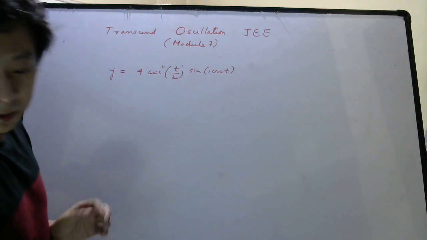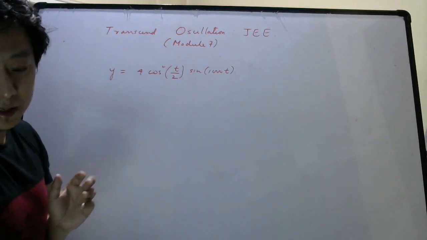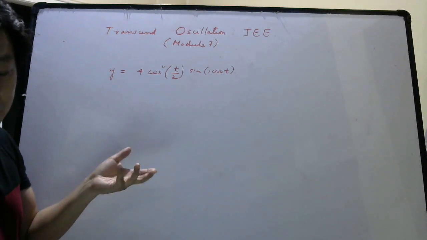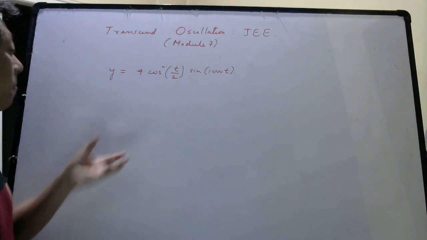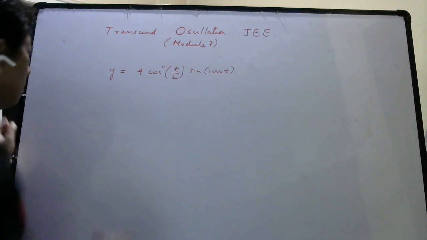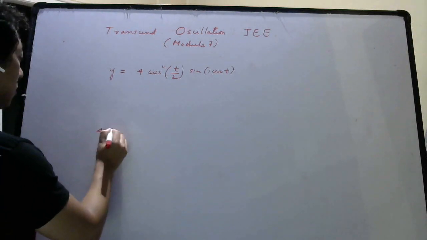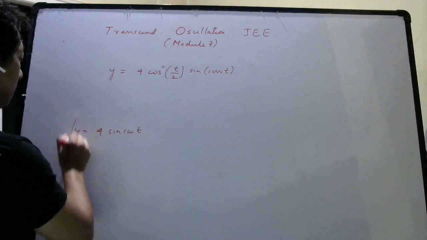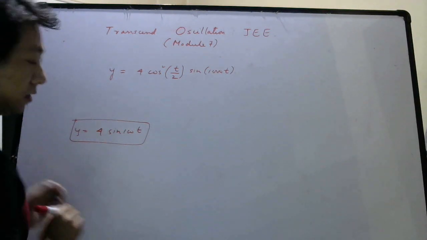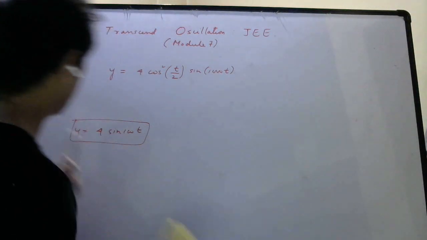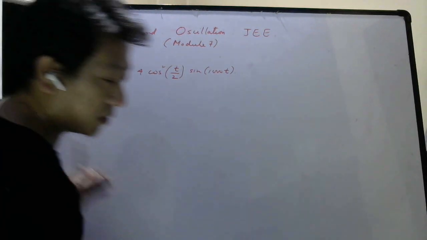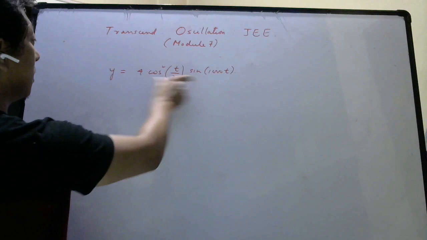They are asking this expression can be considered to be the result of superposition of how many simple harmonic motions. Simple harmonic motion means it's simple, like 4 sine 100 t. So this is an SHM, a simpler sine function, a sine omega t. So how many such functions make this complicated function?